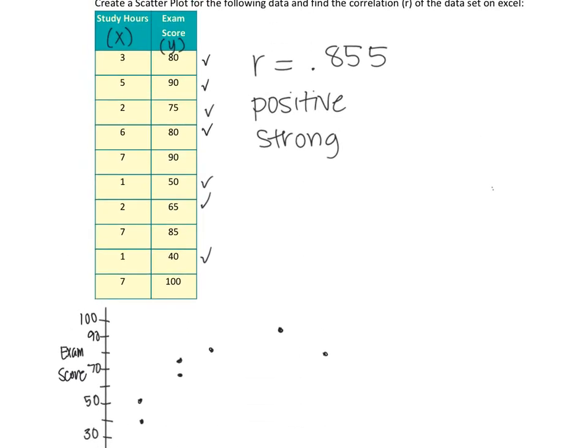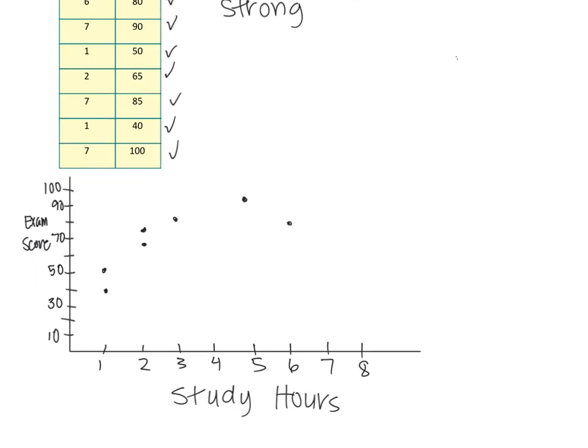And then we had 3 7s, a 90, an 85, and a 100. So 100, 90, 85.